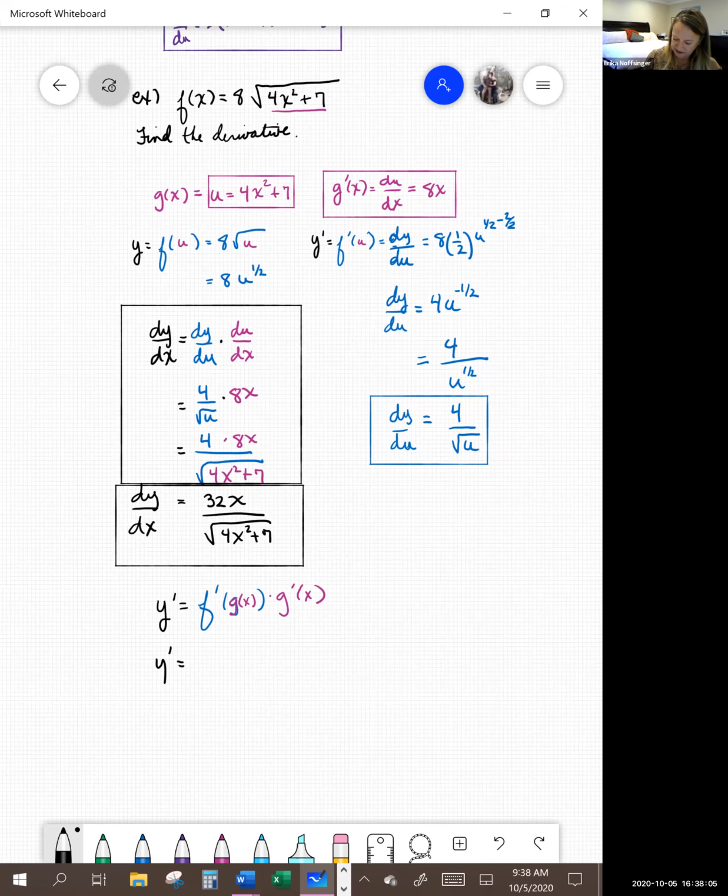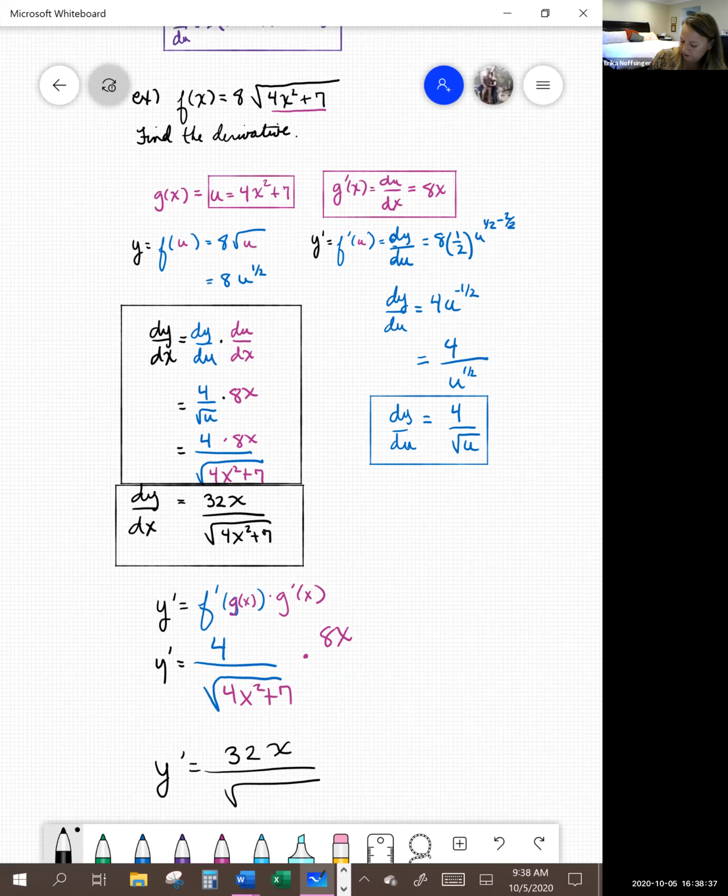So that is 4 over the square root of the inner u, which is 4x squared plus 7, times the derivative of the inner, which we said was 8x. So we got 32x all over the square root of 4x squared plus 7.